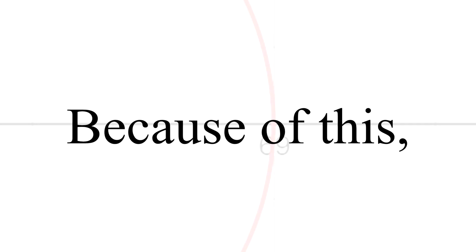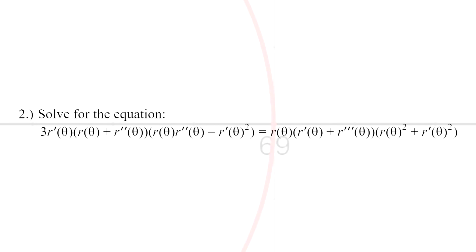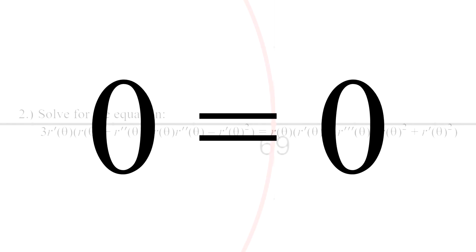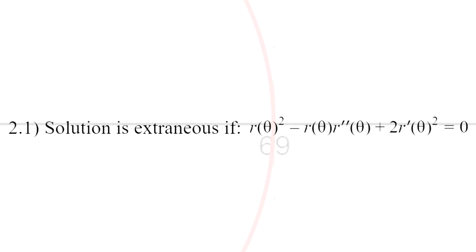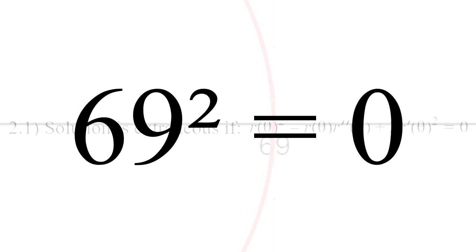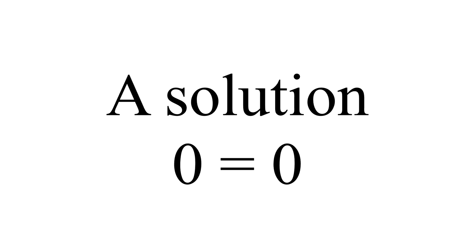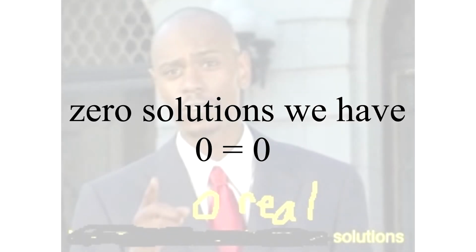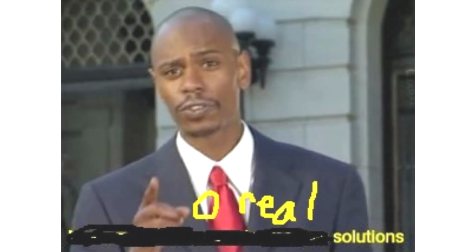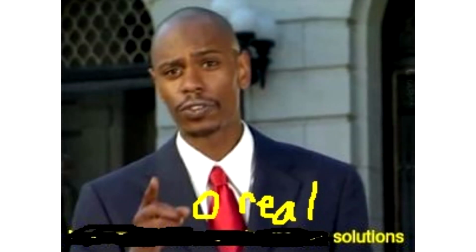Because of this, the entire step 2 equation leads us to 0 equals 0, while the condition leads us to 69 squared equals 0. None. These two things basically mean, hey look, we don't have a solution, but we can confirm that the 0 solutions we have are by the least real solutions.